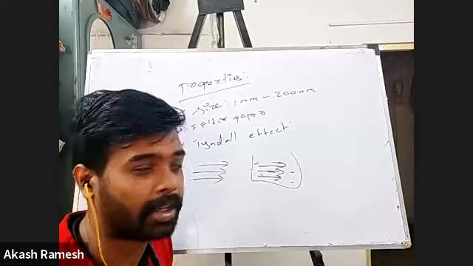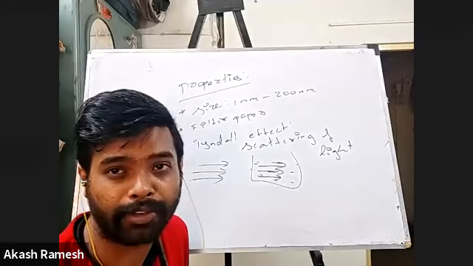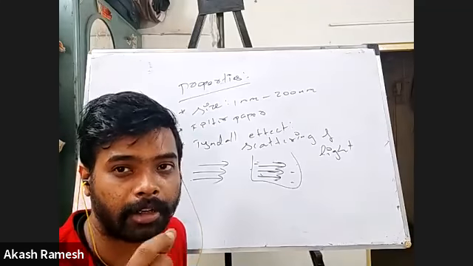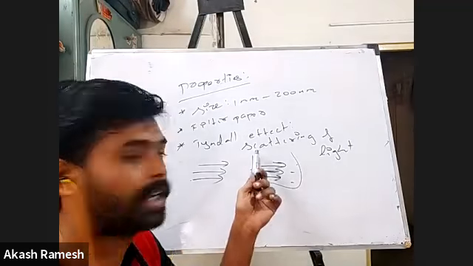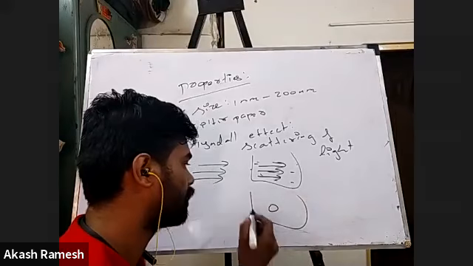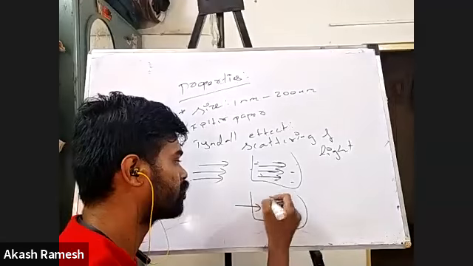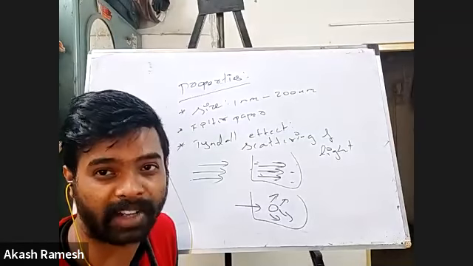Or technically speaking, the Tyndall effect is the scattering of light when it gets bombarded by certain particles, in this case colloidal particles. So if I have a colloidal particle here and this is the light coming, once it hits the particle, it is going to scatter into many smaller rays of light.